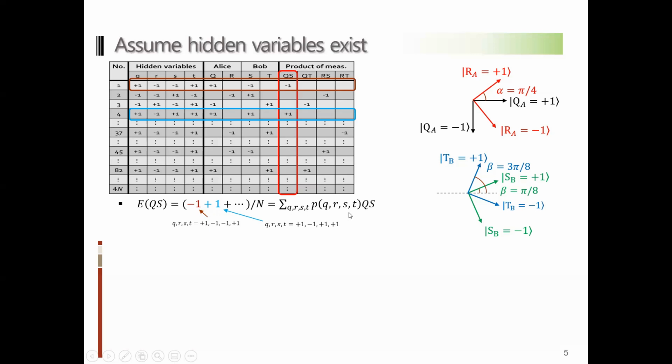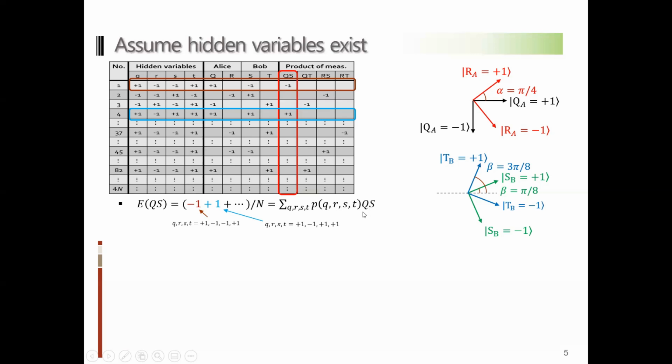So in principle, this summation is the summation over 16 different combinations for QRST. Because we are assuming that we are trying so many times, on average, for each combination there is some probability of having such a combination.